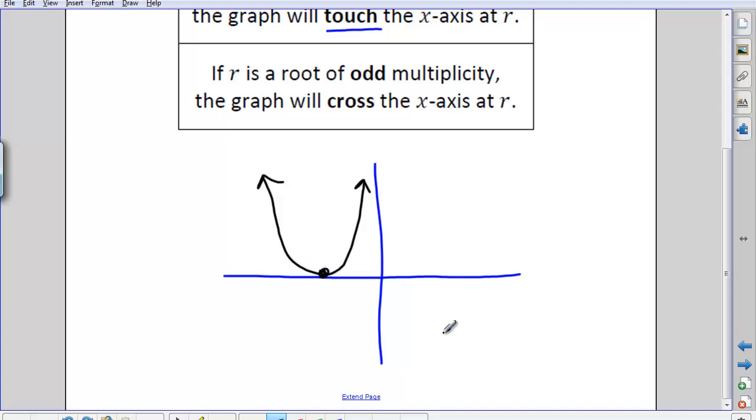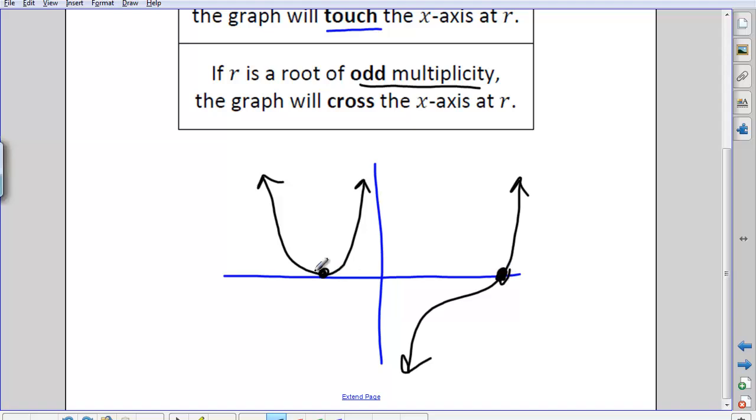Okay, the other case is odd multiplicity. Odd multiplicity would be something like this, where it touches and then crosses over the x-axis at that 0, at that root.